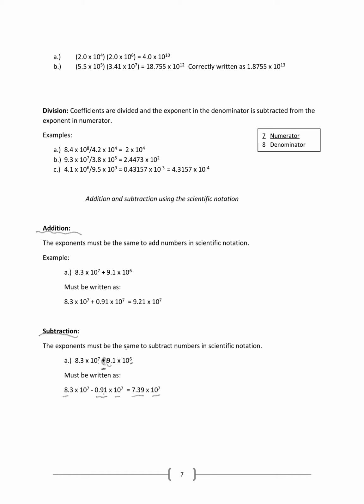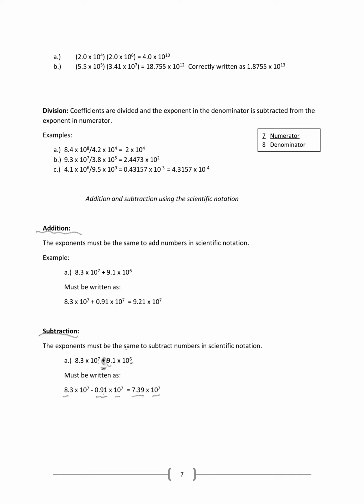I subtract 0.91 from 8.3, and that gives me 7.39 times 10 to the 7th. Let's take a look at the previous page. In subtraction, I have 8.3 times 10 to the 7th, and again, this should be negative, not positive, 9.1 times 10 to the 6th.